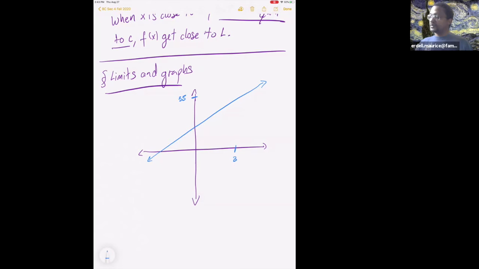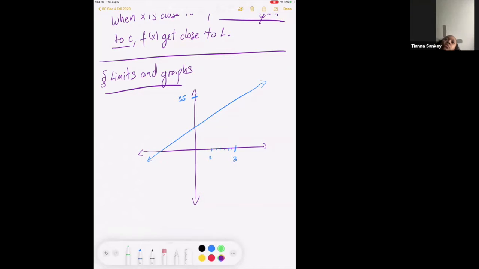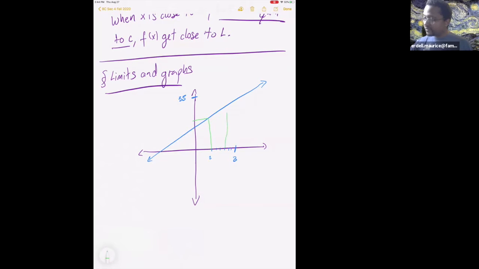What happened was I started over at 2, right? And then I kept plugging in values that got closer and closer to 3, correct? Well, every time I plugged a value into the equation, the corresponding answer I got was closer to 35, right?